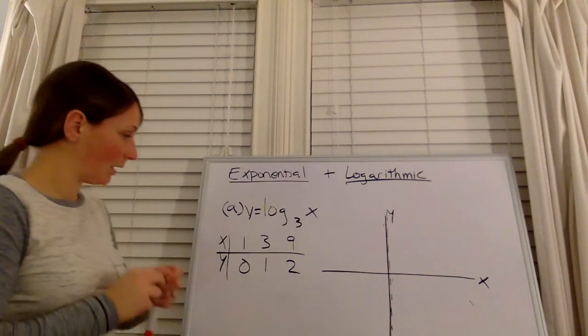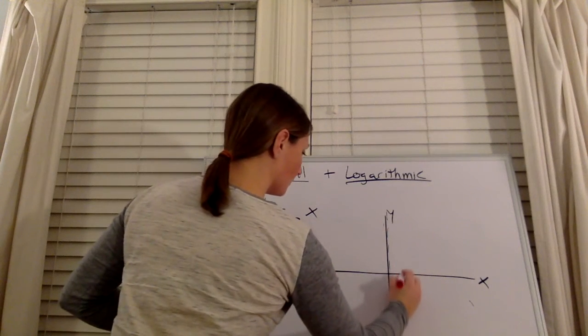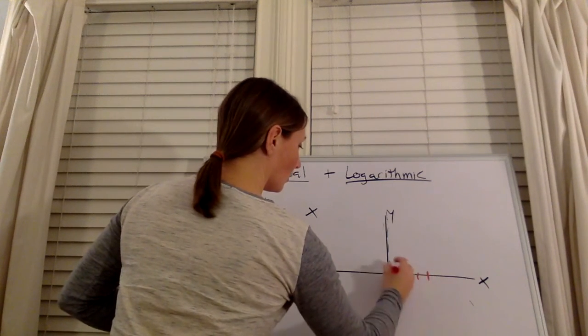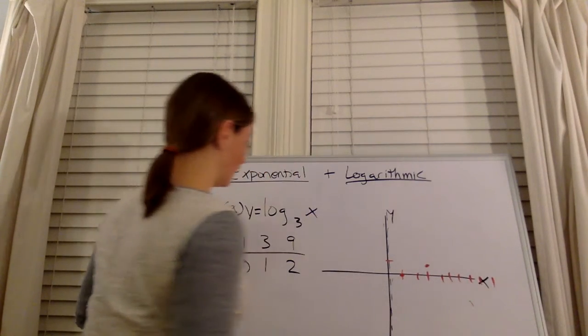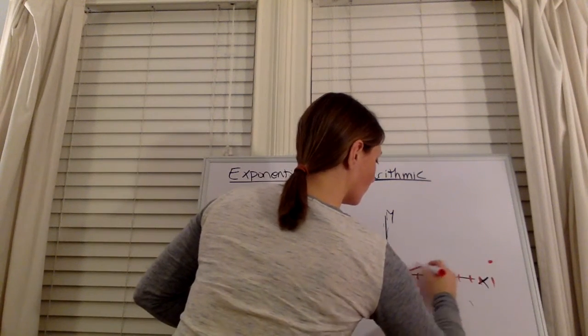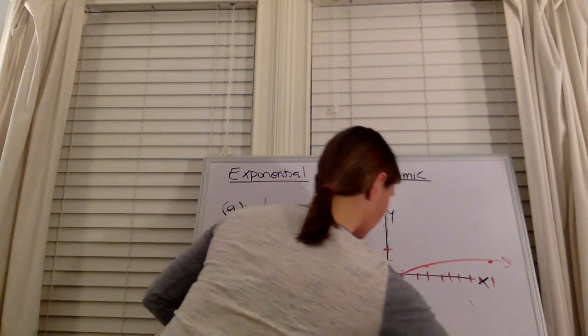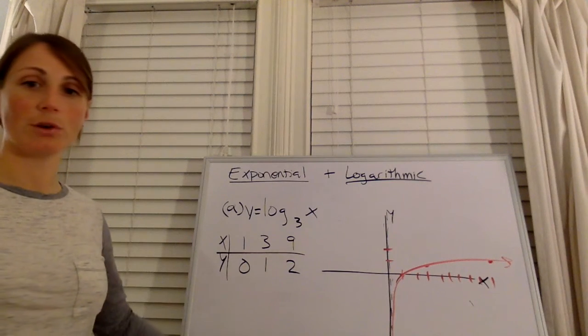Like that. And I plug in these points, 1, 0, 3, 1, 9, 2, and that should have been kind of predictable how this log function turned out.